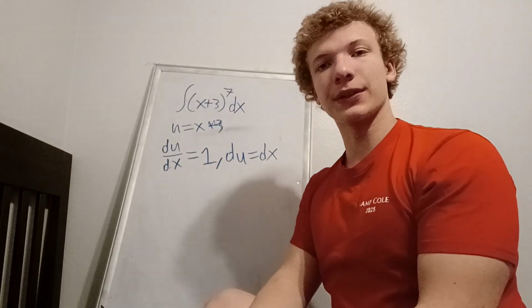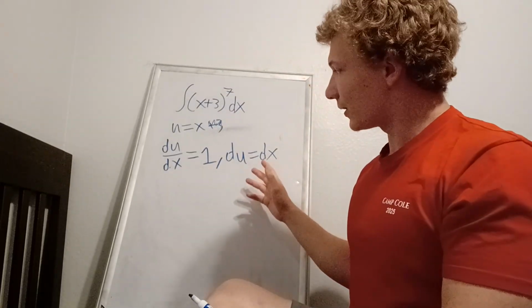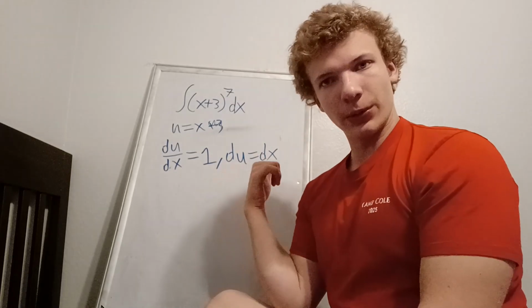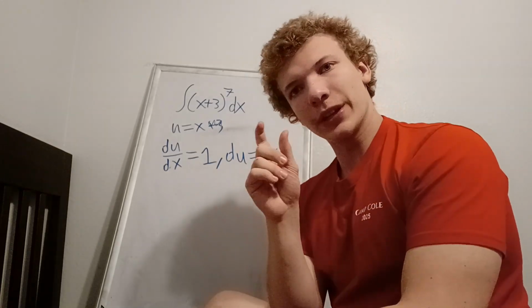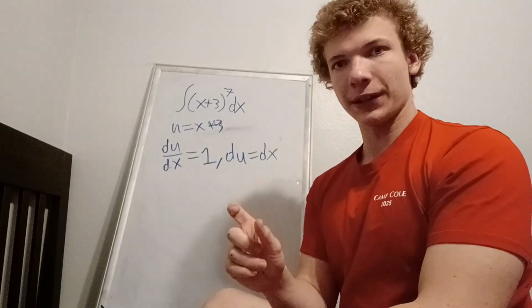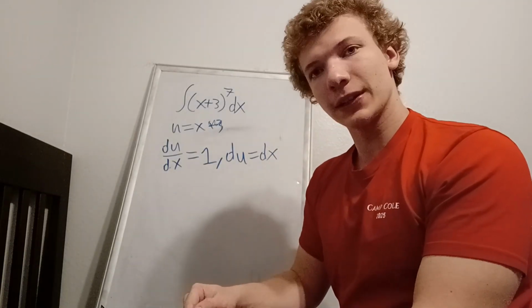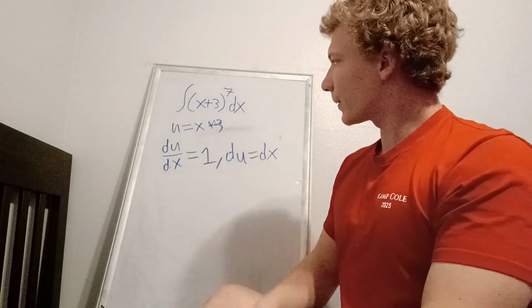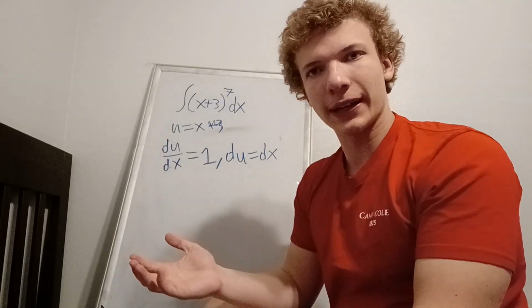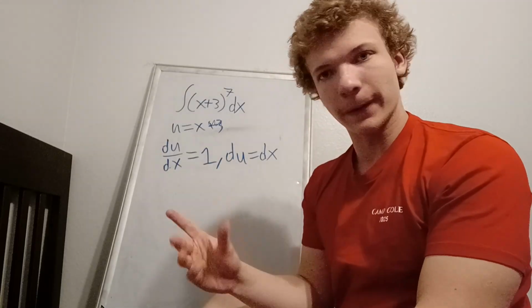So we get du dx equals 1. Now what this means is that du actually equals dx. Every infinitely small chunk of x will be the exact same size in the u world. This makes sense because if u is equal to x plus 3, then that's only a horizontal shift and it shouldn't affect the horizontal slice at all.